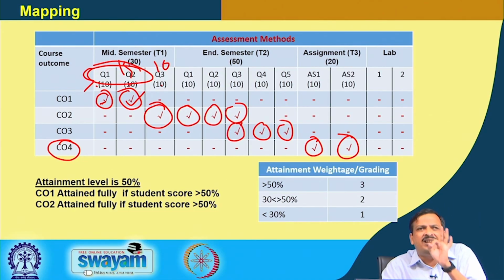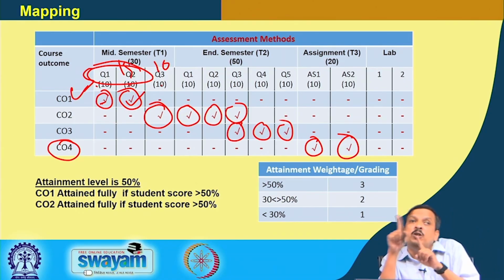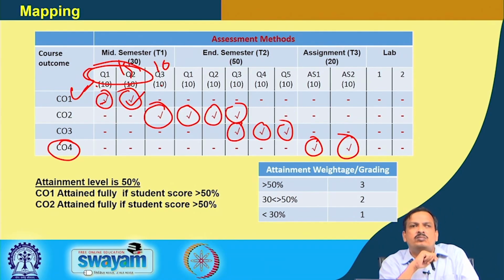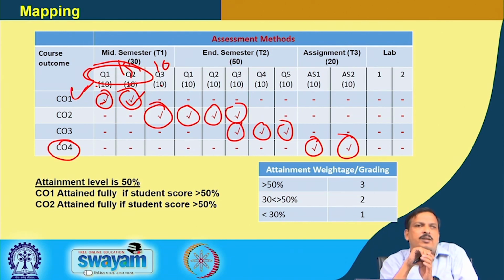So, I cannot give a question, describe reverberation time, to find out the attainment of CO1 with respect to PO1 and 2. So, my cognitive level of the question must be at analysis level.